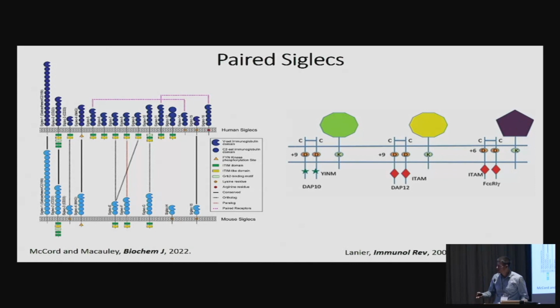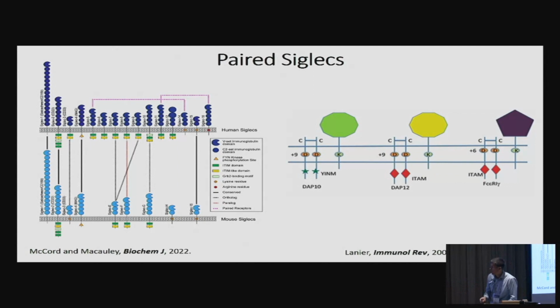And not only are they required to stabilize siglecs 14, 15, and 16 on the membrane, they also contain motifs of their own. I haven't walked you through what these motifs do yet, but you can see that these are called an ITAM. Siglecs have an ITIM, and you might guess that these are activatory siglecs.